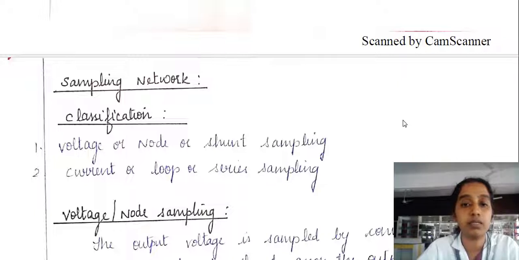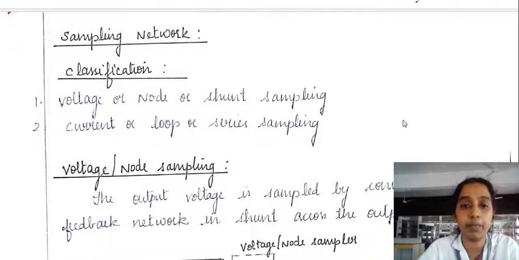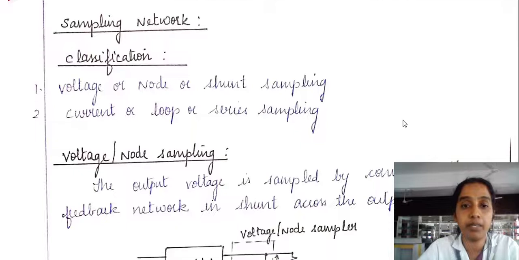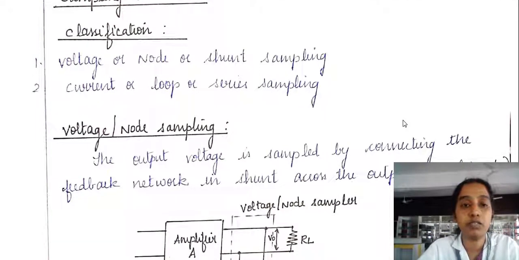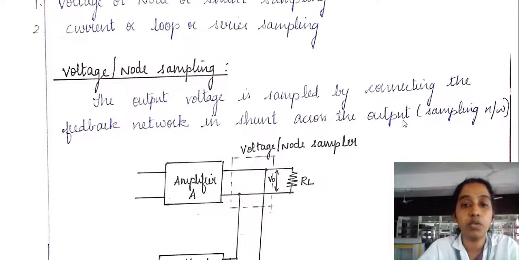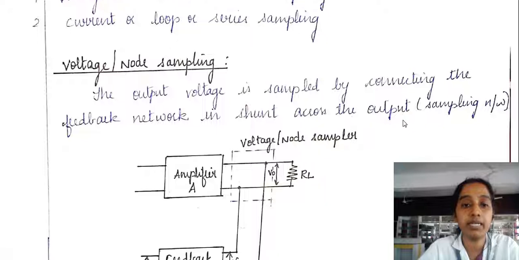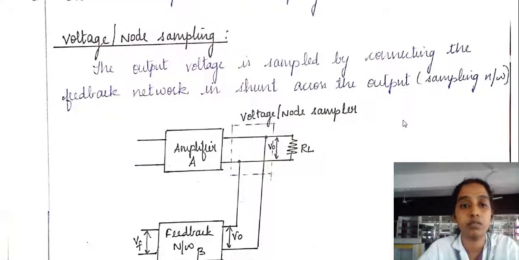Sampling network. In sampling we have voltage, node or shunt sampling, and current, loop or series sampling. So in sampling too, we have voltage sampling and current sampling. If we consider the first type, voltage or node sampling, the voltage is sampled by connecting the feedback network in shunt across the output.